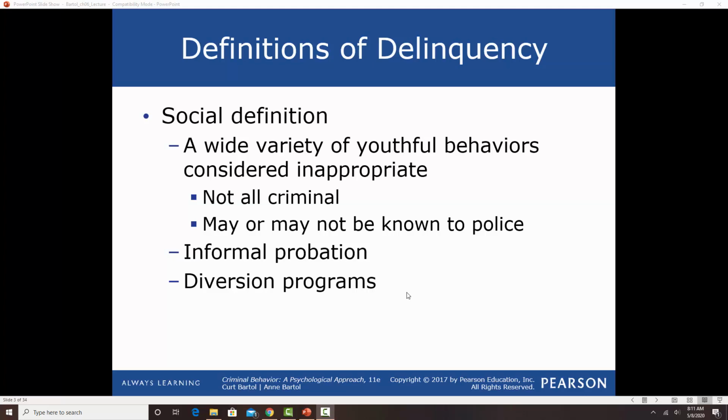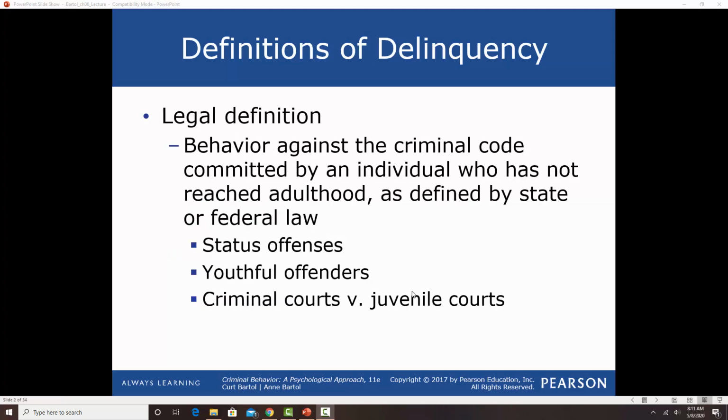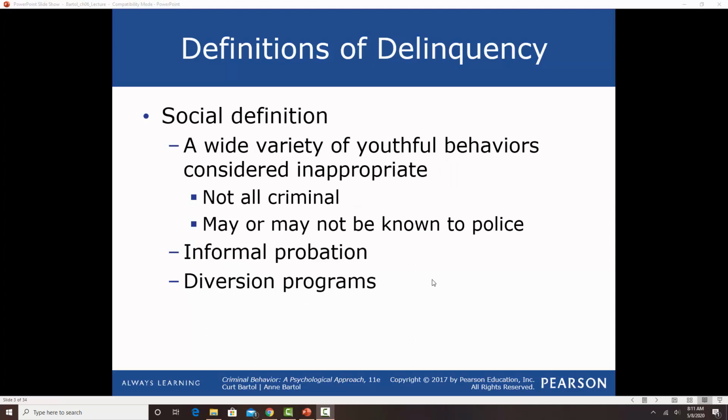Now, the social definition is a little bit different. We definitely have our legal definition. A juvenile delinquent is somebody under the age of 18 that has violated a criminal code or one of those status offenses. Social definition of juvenile delinquency, it varies. Everybody has different ideas about what a delinquent is.